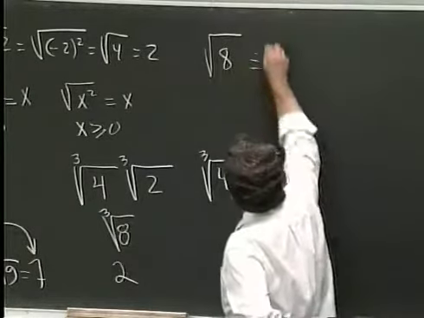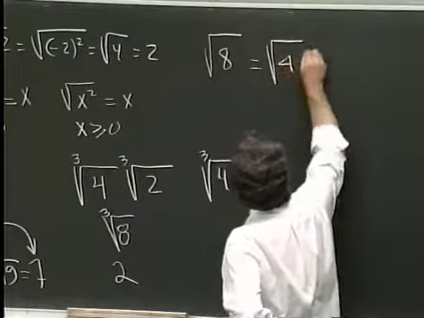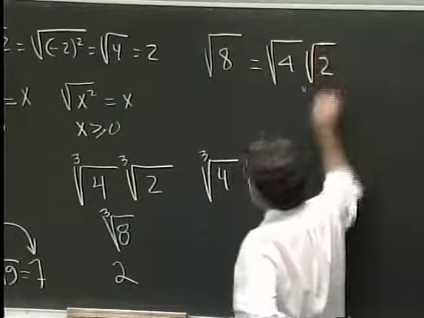I can rewrite this as the square root of 4 times the square root of 2. I factored the 8 into a perfect square. So once I factored it, I can write it as the product of those two radicals, but the square root of 4 is 2, so I have 2 the square root of 2, and that will be considered a preferred form.